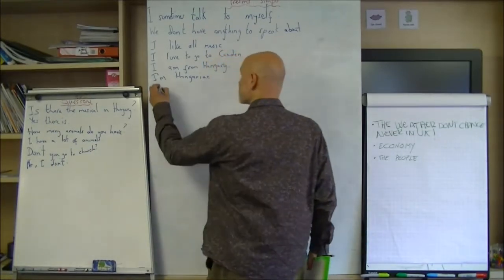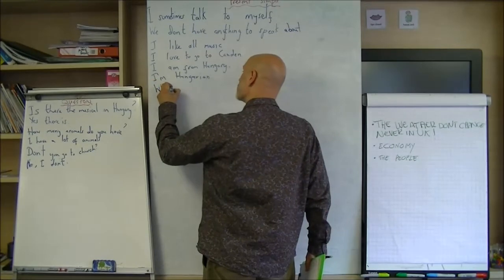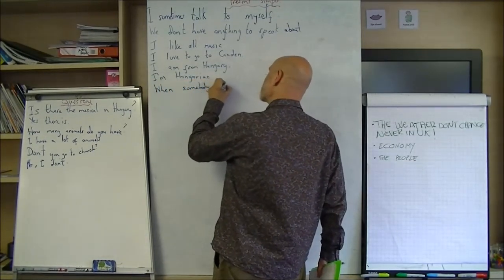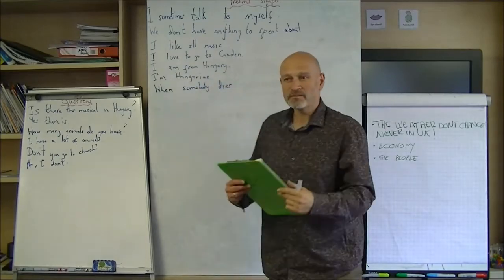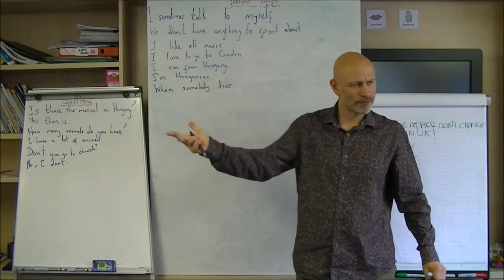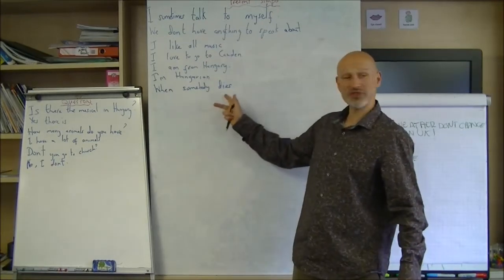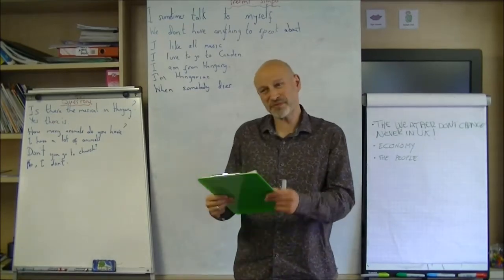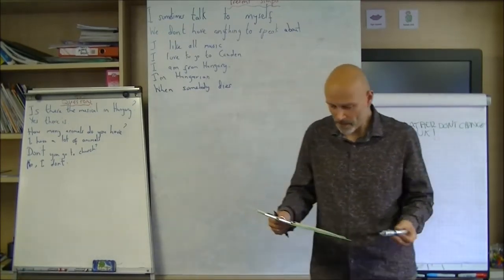No, actually present. When somebody dies. With words like somebody, anybody, nobody, we always use third person. It's very strange. This doesn't make for good English, but that's our rule.